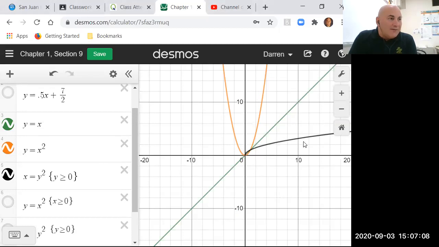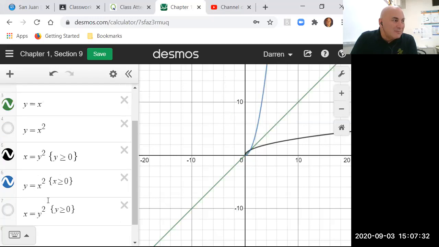So if the y values have to be positive here, then the x values have to be positive here. So to get the square root function, we have to limit this parabola to this one. Now we have a function.